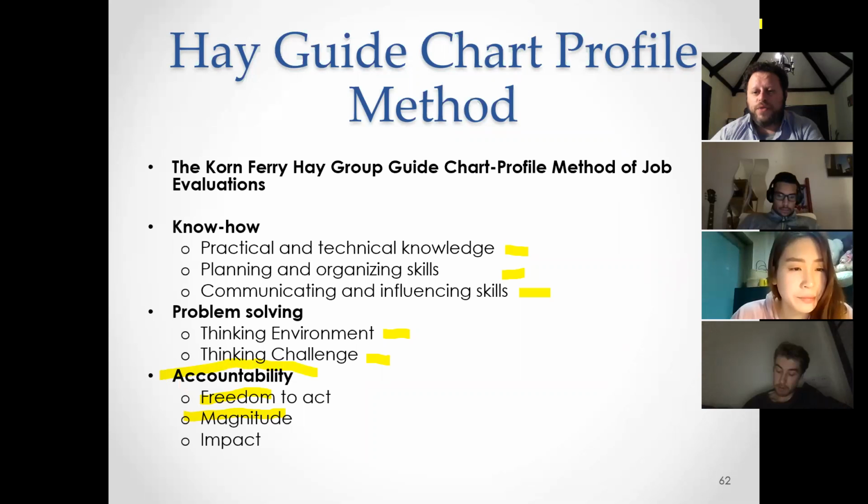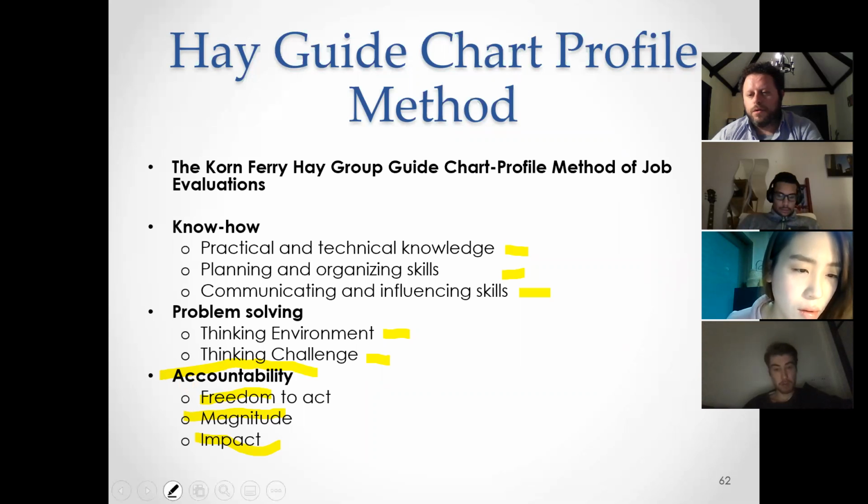Tell me something about these factors, Chandra. Why is magnitude or impact a compensable factor? Not sure.